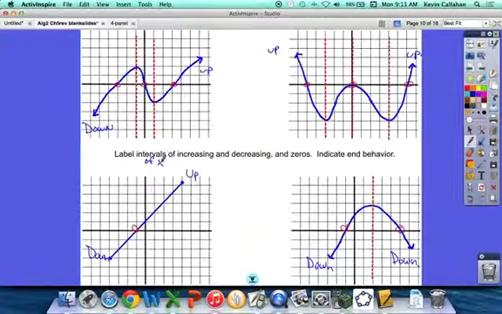So this thing is increasing from the far left side of the graph until it gets to which x value? -1. So you would say that it's increasing for x less than -1. Right? And it's increasing again from +1 to the right. So how would we say that? X greater than 1. X value is greater than 1, this thing's going up.